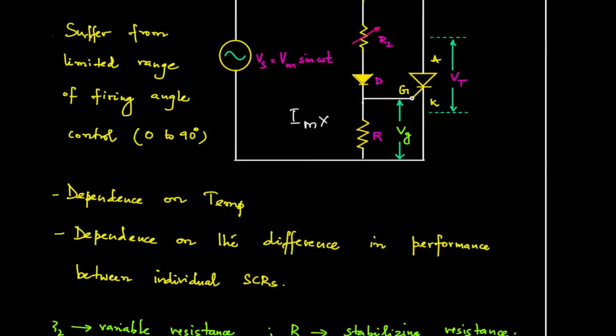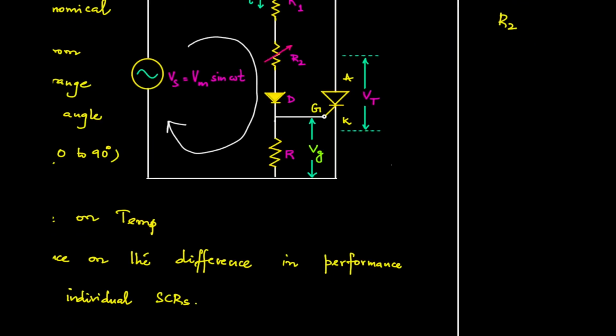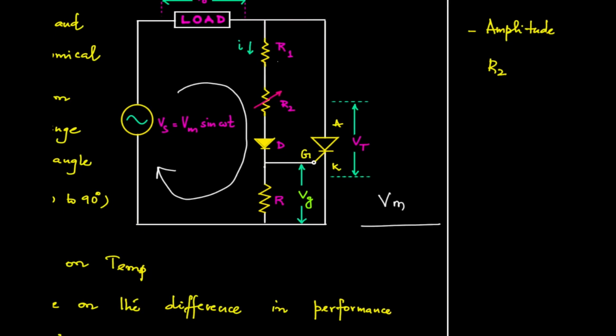Now the question becomes, what is the maximum current? Maximum current will be when, again in the given circuit, the resistance becomes minimum and the voltage becomes maximum. Here the circuit is in this manner. Maximum voltage will be the same as Vm itself as earlier, divided by the total resistance in this circuit.